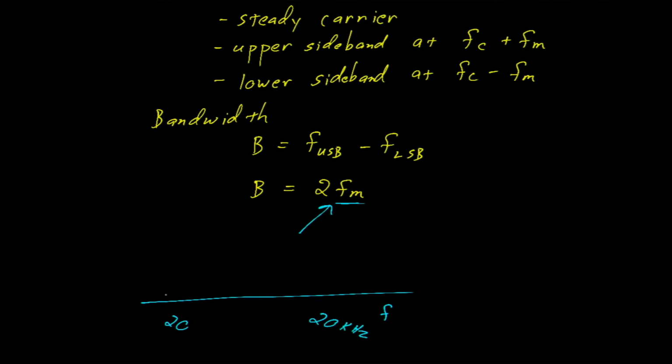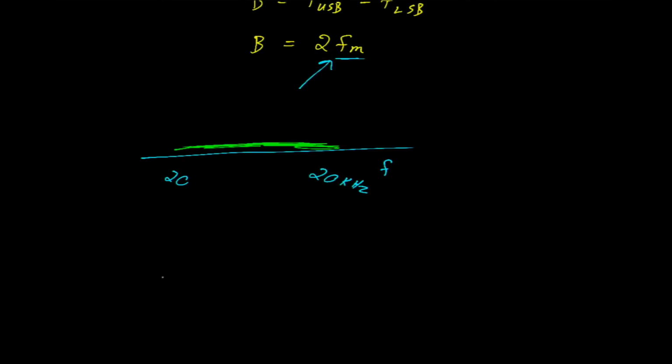If we were to send this as a broadcast, you would have all of this energy, all the way from 20 to 20K. The bandwidth of our AM transmitter would be 40 kilohertz, which is fine in some applications, but not all applications. Because remember, in the frequency domain, we have allotted space for each channel.